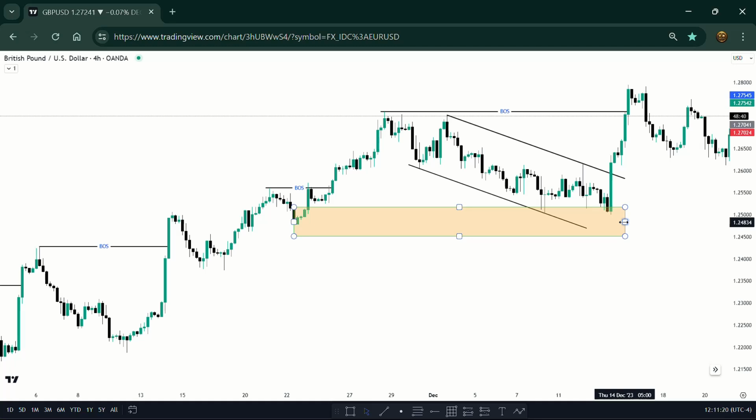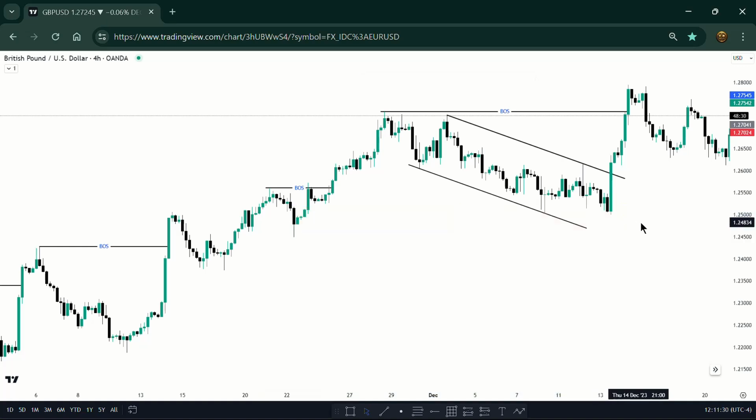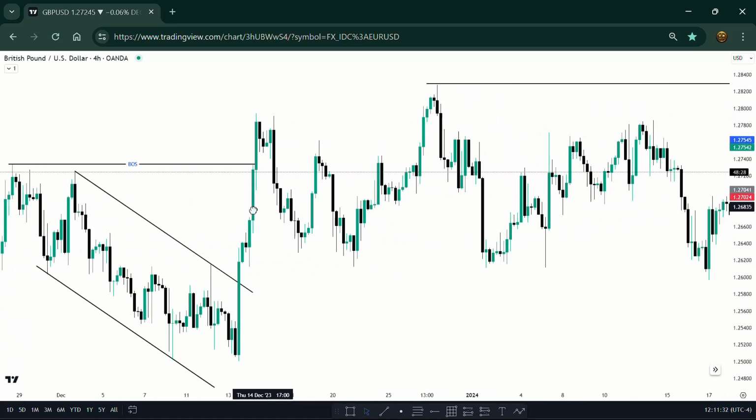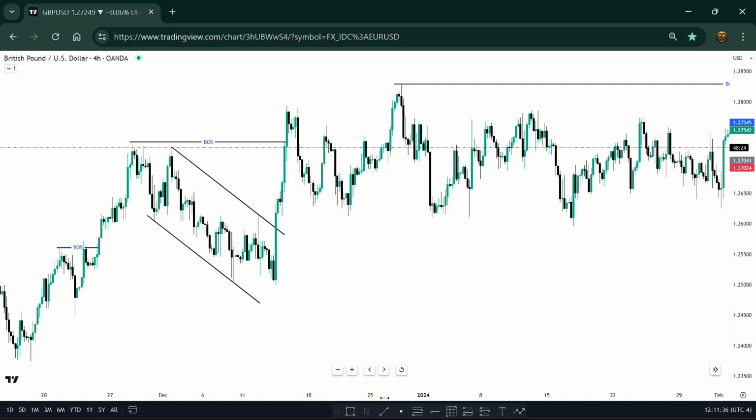Even if it doesn't go my way, at least I know why I'm taking it. I've seen the daily, I've seen the 4-hour chart, I know what I'm doing on that 1 minute chart. So just be careful, especially if you're an SMC trader. It's very embarrassing, guys, to be falling for these things.